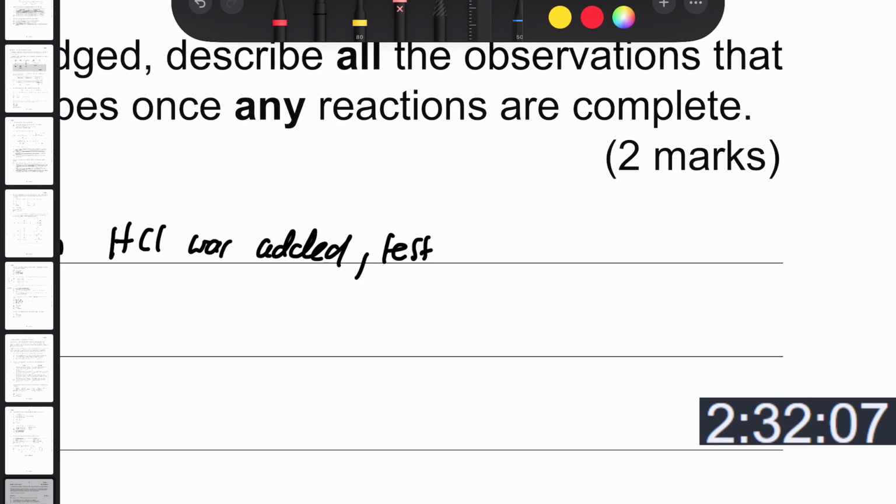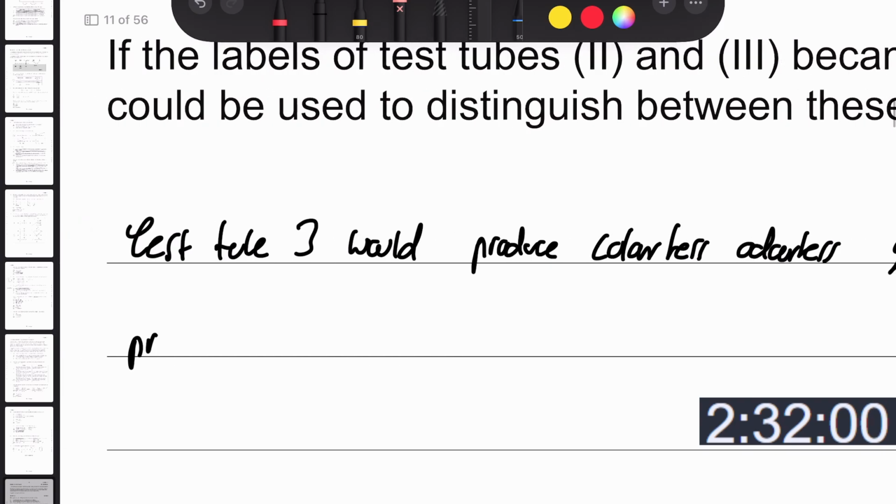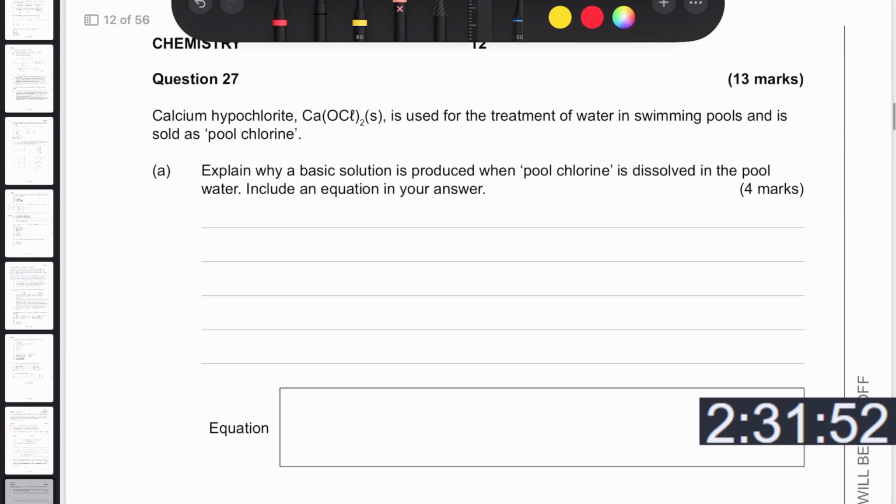Test tube 2 would not produce gas. And I only need to talk about the ones that would be used to distinguish, so I don't need to put anything else.